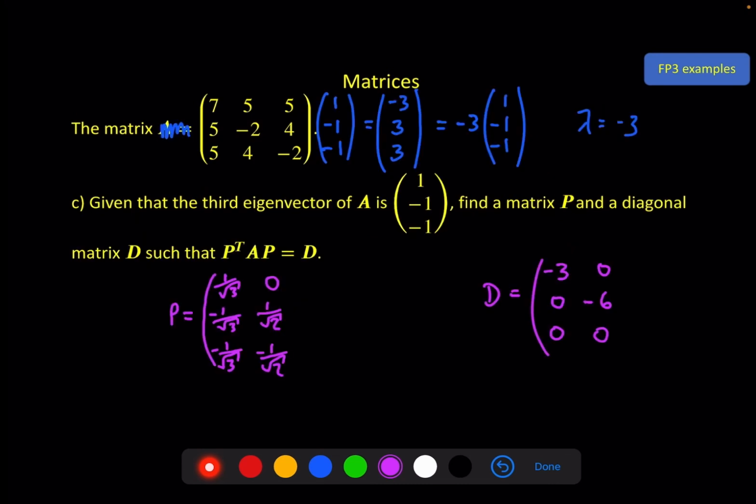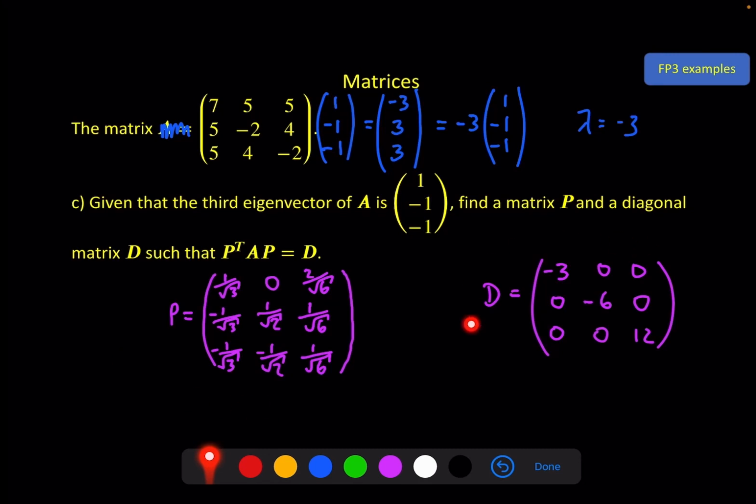So we've got a 12 to finish off our D matrix, and 2 over root 6, 1 over root 6, 1 over root 6 finishes off our orthogonal matrix P. And if you had time and you wanted to double check, you could of course put these into here and make sure that it was true, that everything was okay. But this process will give you the correct answer if you followed it through correctly.